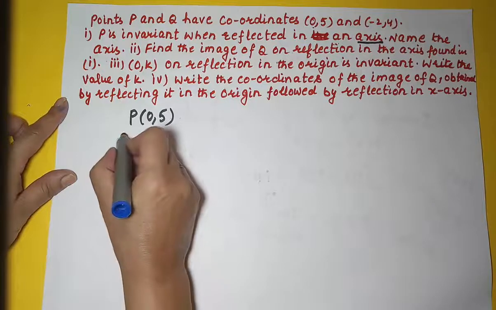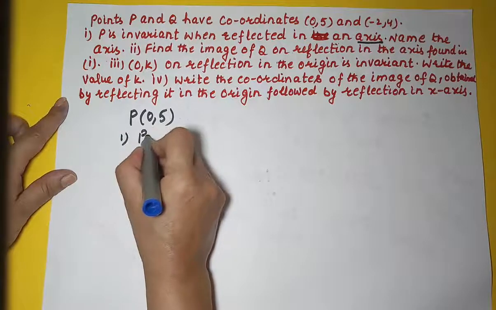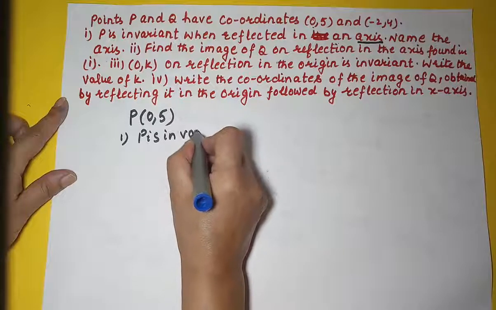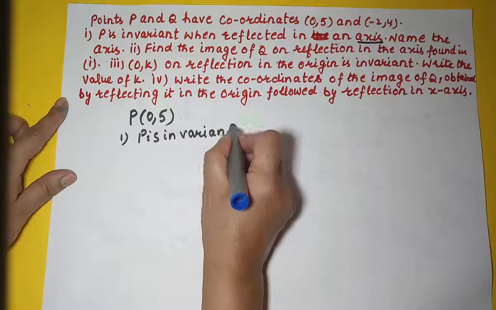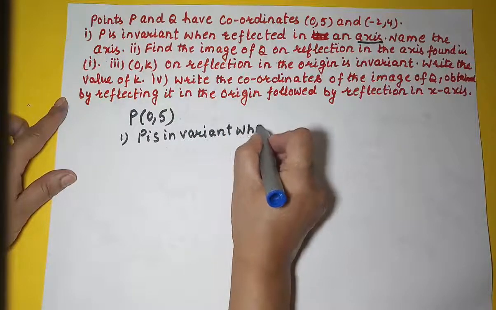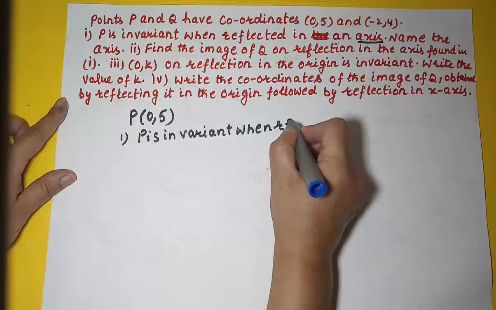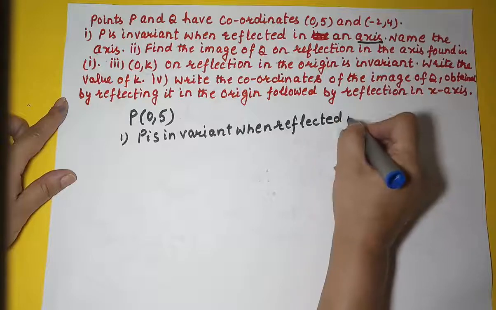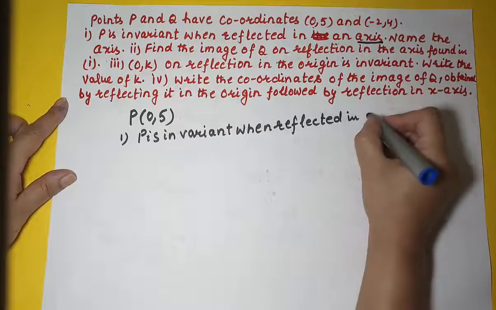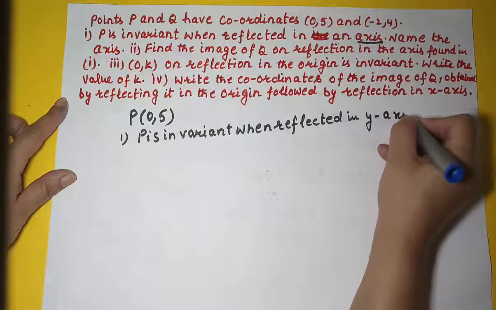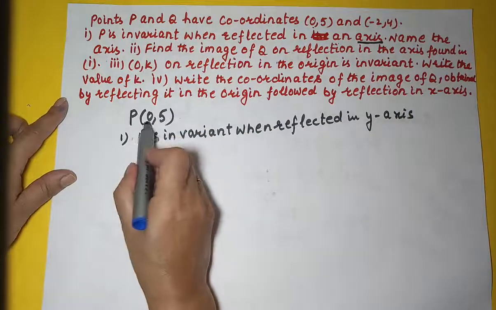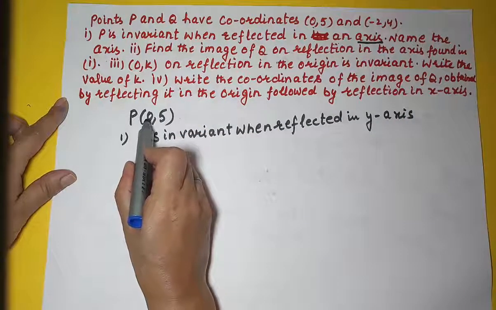So I can say that P is invariant when reflected in the y-axis. See, if I reflect it along the x-axis, the sign of the y coordinate will change and it will become (0, -5).